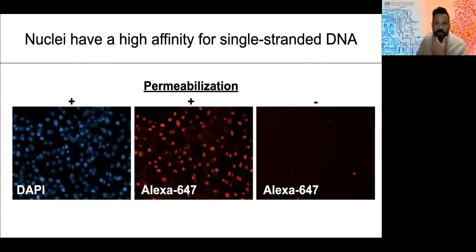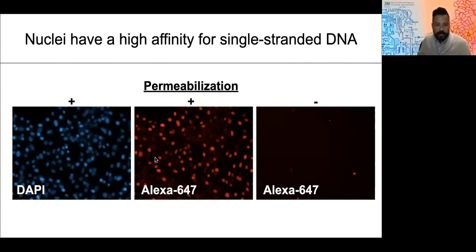And this was the fact that nuclei have very high affinity for single-stranded DNA. So here I'm showing you some immunofluorescence images of cells that are on a plate, and they've been permeabilized and incubated with DAPI, which just binds nucleic acids, or DNA generally, I should say.